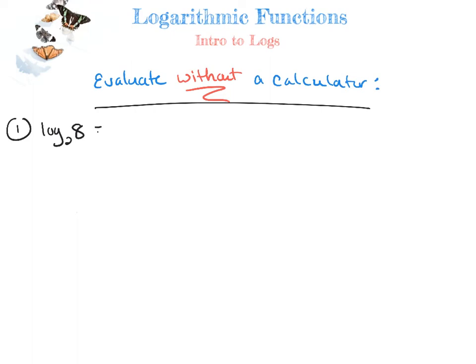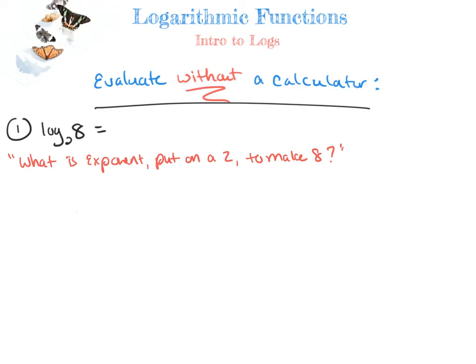So remember, if we're evaluating without a calculator, what you need to remember is this. This is really asking what is the log means what is the exponent. So what is the exponent we put on a 2 to turn it into an 8. For this first example, I'm going to write that. What is the exponent put on a 2 to make it 8?